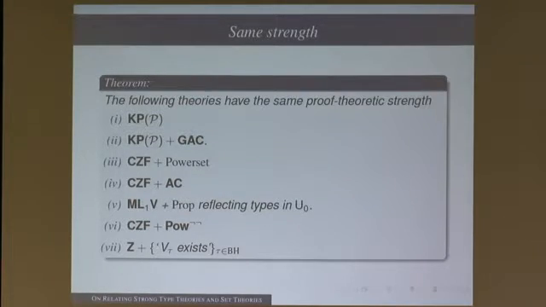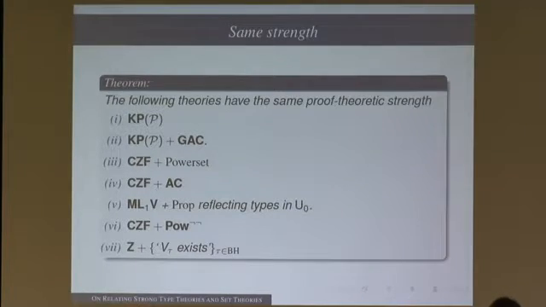And the interesting thing is that to get the full thing, one needs something like ordinal analysis. This BH stands for the Bachmann-Howard ordinal. So all of these theories can be characterized in terms of Z, which is Zermelo set theory, but where you can iterate the power set operation only below the Bachmann-Howard ordinal, BH.